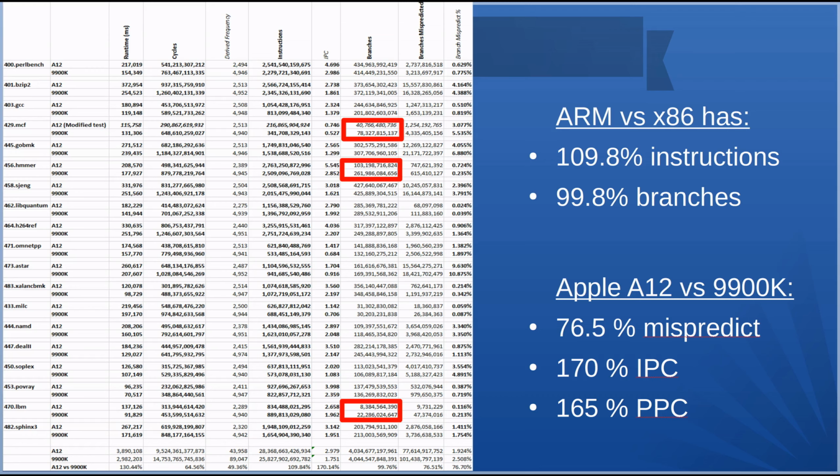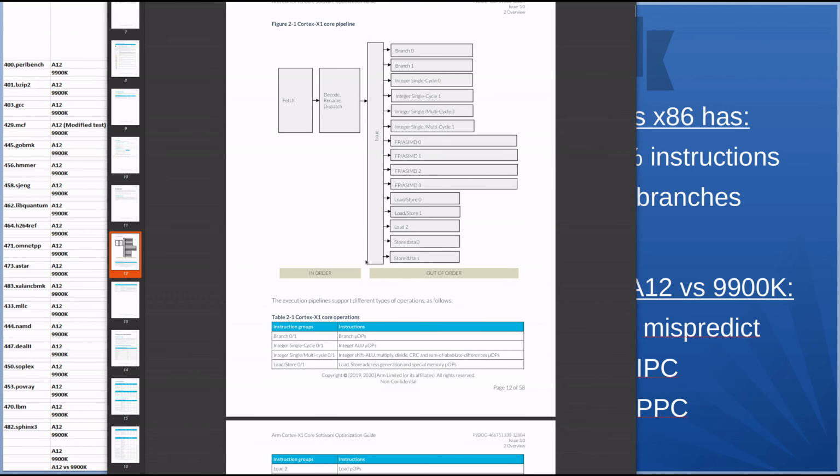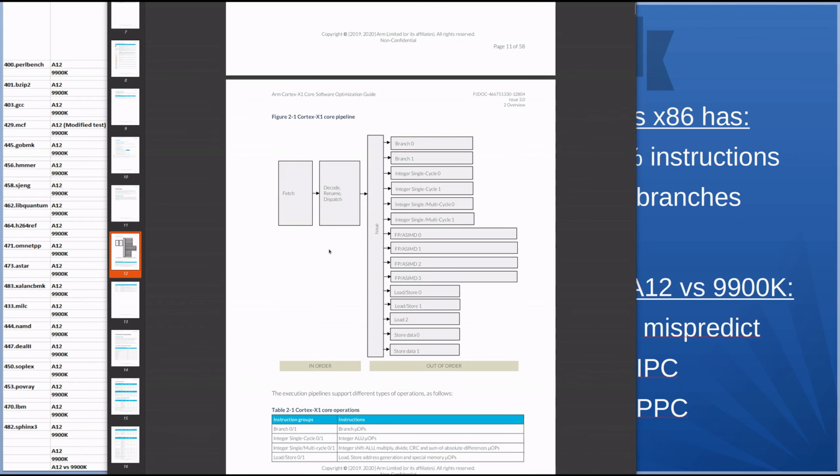I will show the PDF actually. This is Cortex X1, and you can see here that Cortex X1 has a decode unit. So even though it's a RISC, it has a decode unit. It means it must be decoding the instructions into something even smaller, right?